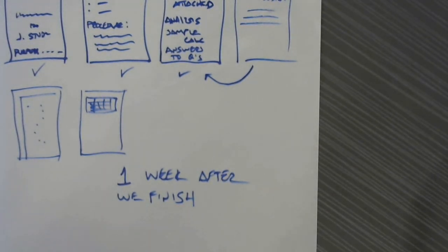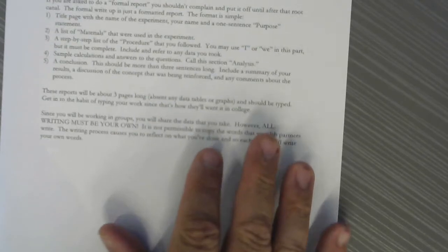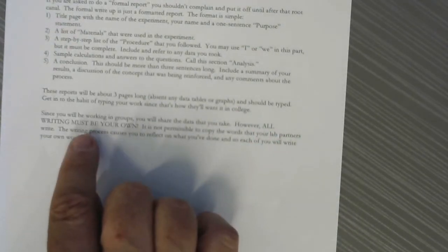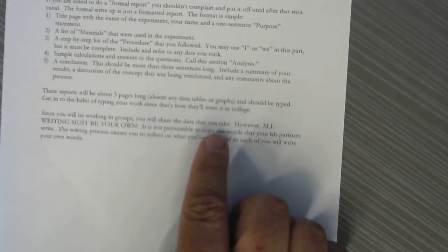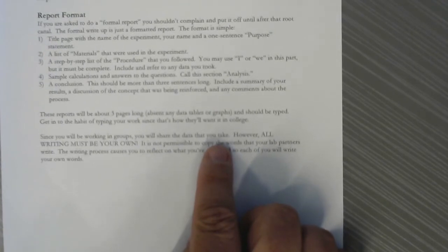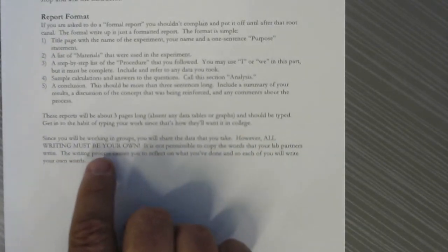I'll put the due date in the Google Classroom, but if you're at all confused about it, it's due a week later. It says here in the instructions for how to write up a lab, some important information. The data will be the same for your entire lab group, but all the writing must be your own.